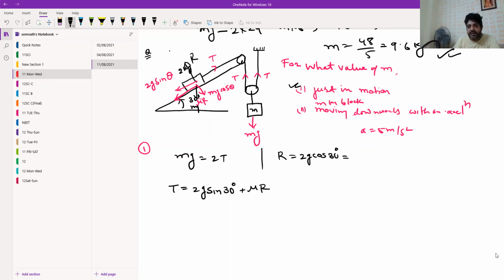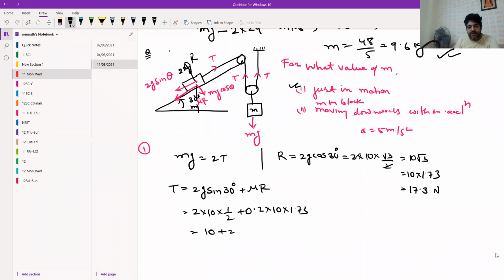So 2 into 10 into cos 30, root 3 by 2. So what we have, 10 root 3, 10 into 1.73, that is 17.3 Newton. So tension is 2 into 10 sine 30, half, plus mu 0.2 into 10 into 1.73. So 10 plus 2 into 1.73.